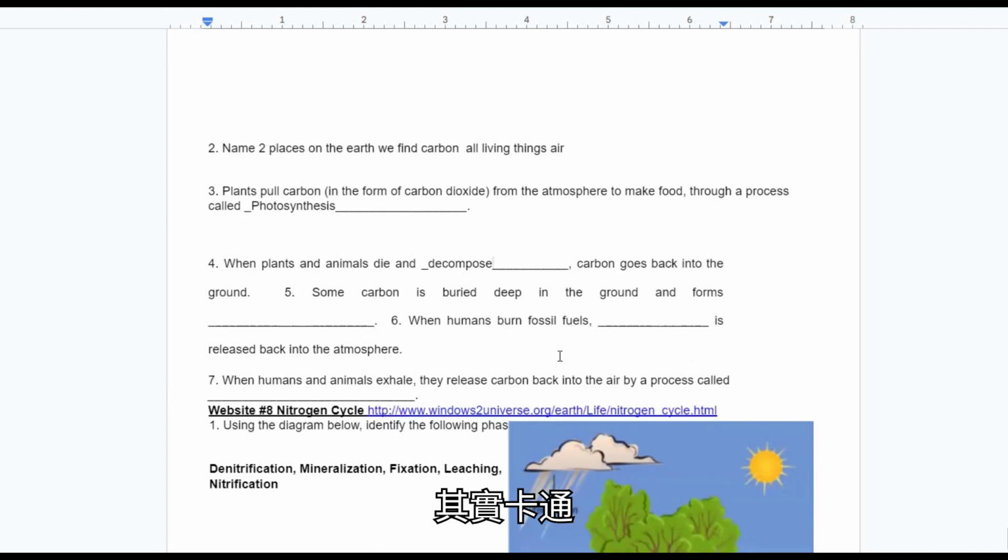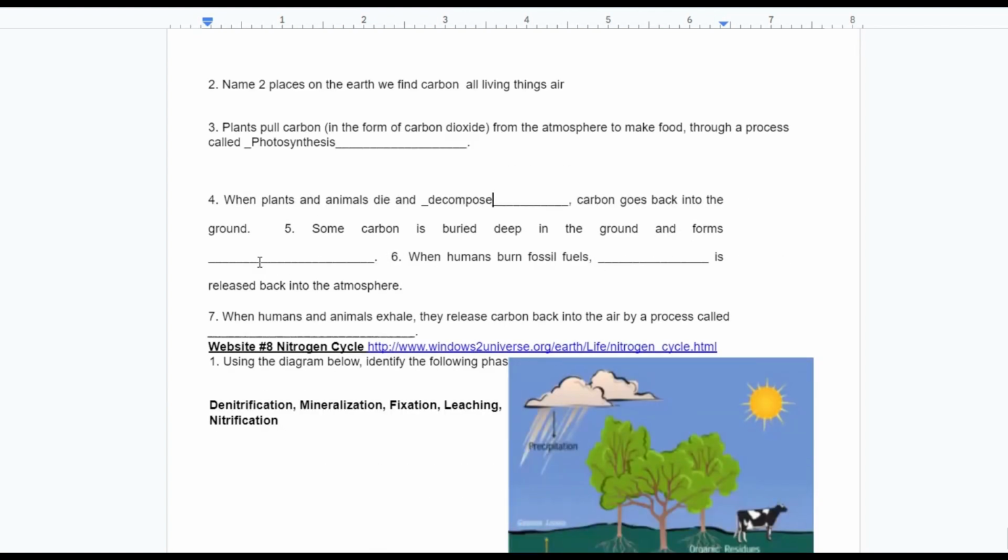Some carbon is buried deep in the ground and forms reservoirs. When humans burn fossil fuels from those reservoirs, carbon is released back into the air.